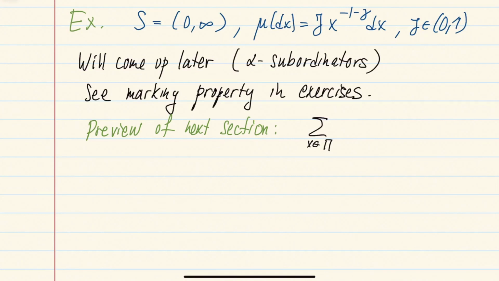So here I will only consider this example when you sum all the x's in this process. And what we'll do in the next section is to show when this sum is a proper random variable, so when this sum is finite almost surely. And second, we'll also characterize its distribution by computing either a Laplace transform or a characteristic function.